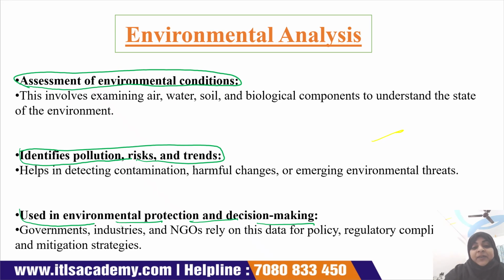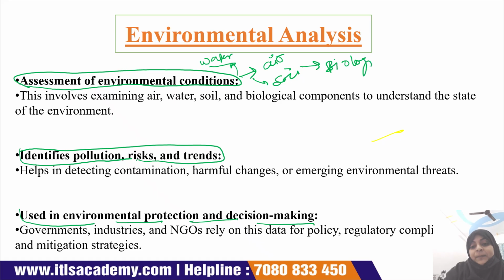Environmental condition means that we have to assess the air quality, soil quality, and water quality. First of all, we have to examine all these things. Along with it, we also examine the biological component, so that we can easily determine the exact condition of that particular environment.